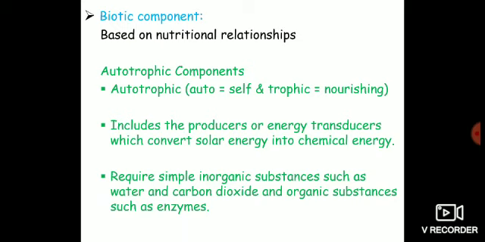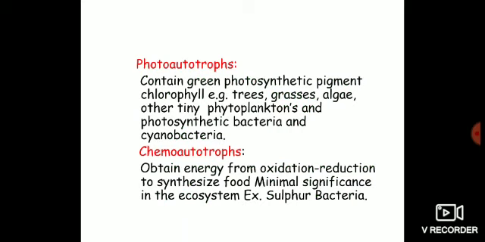Okay, and depending upon the source of energy, where from they get the energy to synthesize food material, they have been divided into two types. The first one is the photoautotrophs, and the second one is the chemoautotrophs. Photoautotrophs are those organisms which have a green colored photosynthetic pigment known as chlorophyll.